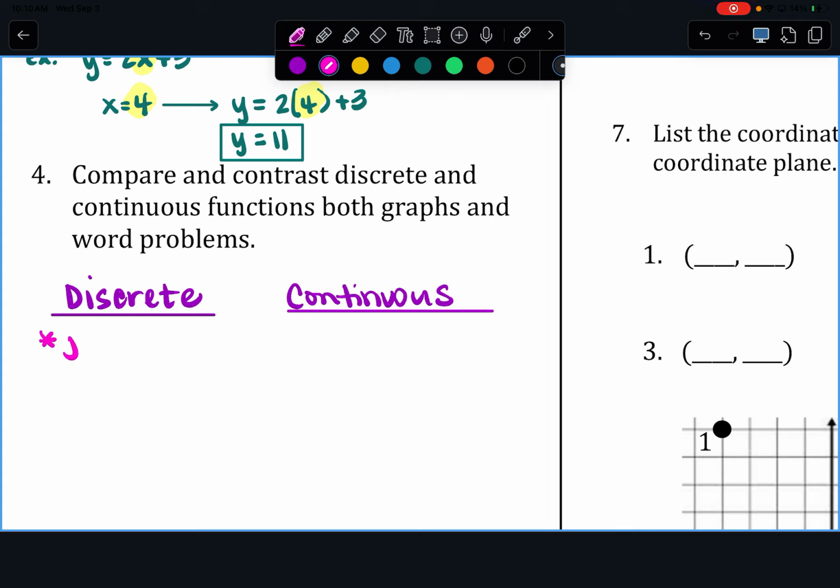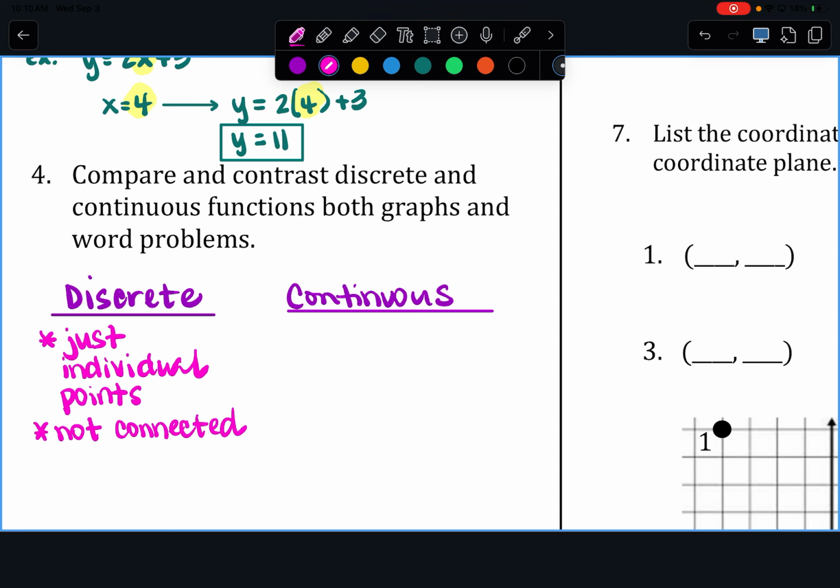So it's just individual points. They are not connected. It's a broken graph. You would have to pick up your pencil in order to draw it, right?